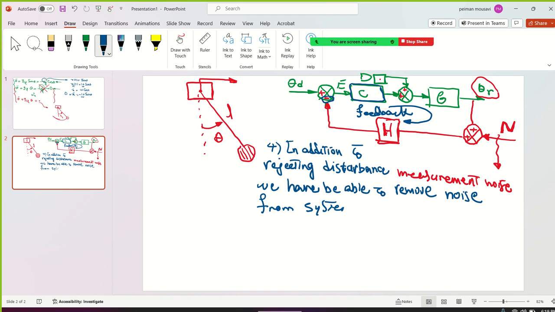Which noise? You tell me. Measurement noise. How? By designing this controller. I'm going to teach you step by step. So you have disturbance to the system, you have measurement noise to the system. Now you have to design a controller to reject both, eliminate noise and reject the disturbance to the system.